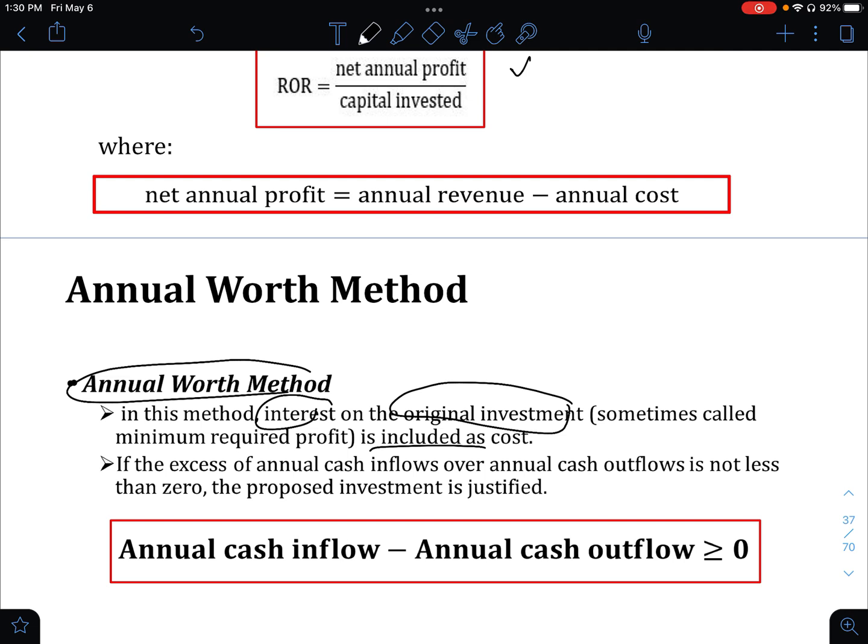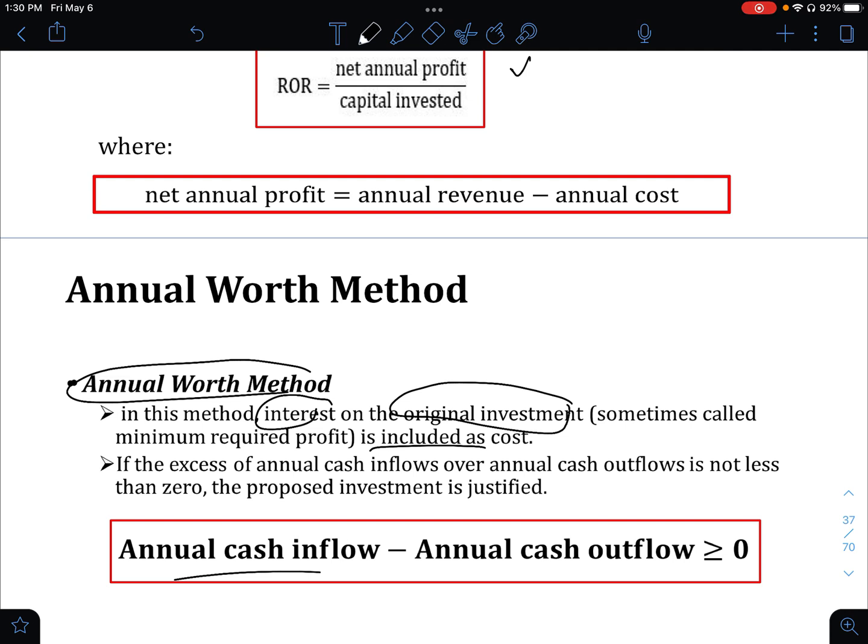Meaning it is profitable, since the inflows are not less than zero. So it is desirable if annual cash inflow minus annual cash outflow is greater than or equal to zero.